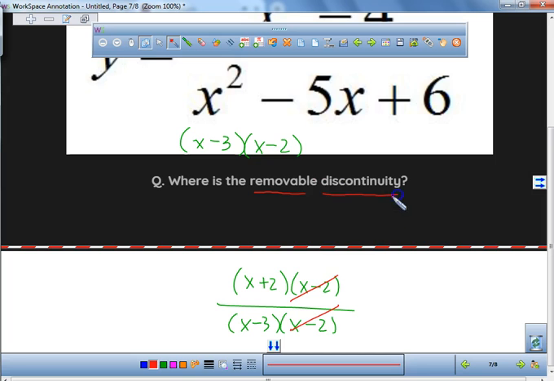Removable discontinuity. But what number would I plug in there to make this equal to 0? That's the number you are searching for. I'm not going to tell you what number, because that would just be wrong. I'm about to end the question, because I basically gave away the answer.